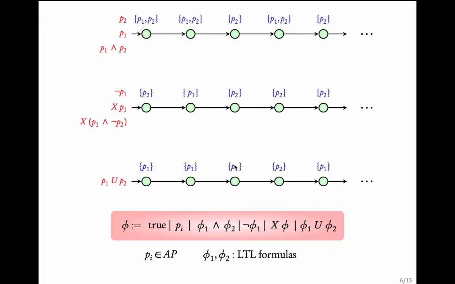Till that point, p1 is true. Moreover, it just doesn't say this, it in fact asks that p2 should definitely be true sometime in this word. So p1 until p2 means sometime along in this word p2 is true, and till then p1 is true.